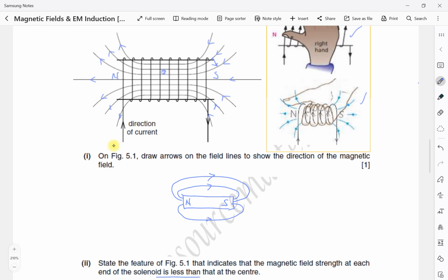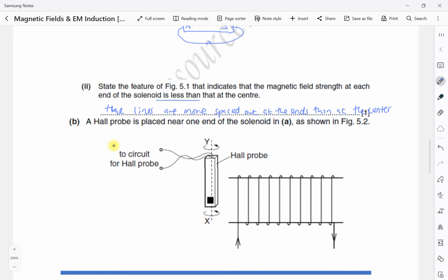So you can also check the field lines are further apart at the ends than they are at the center. So it means the field is weaker at the ends and stronger at the center.